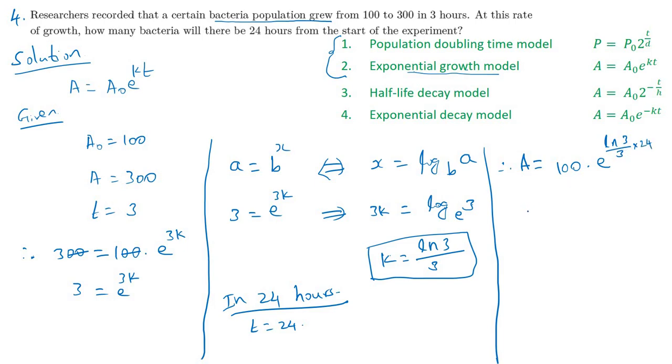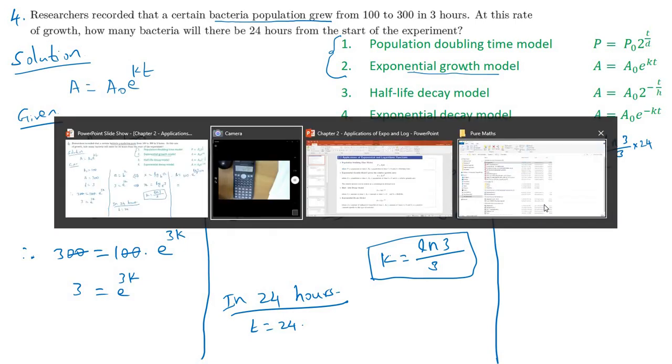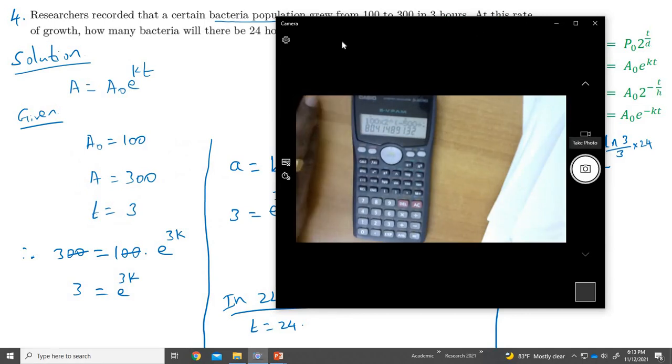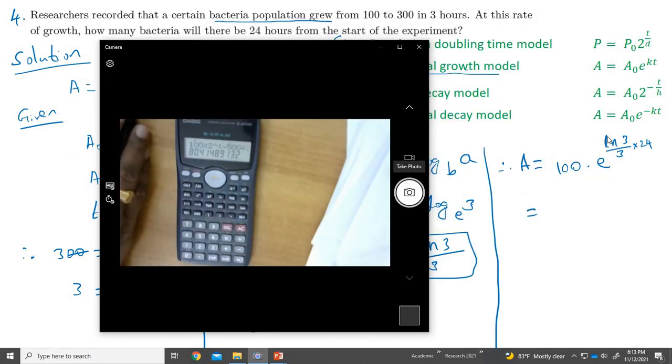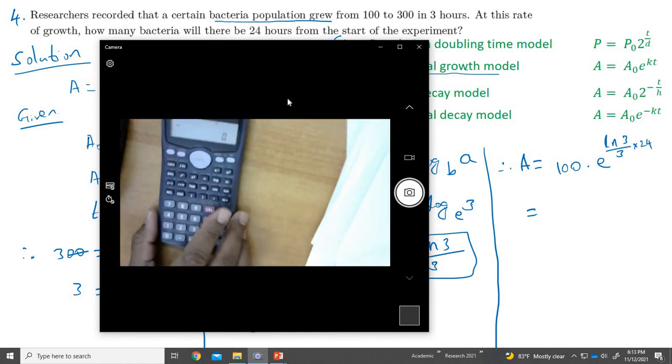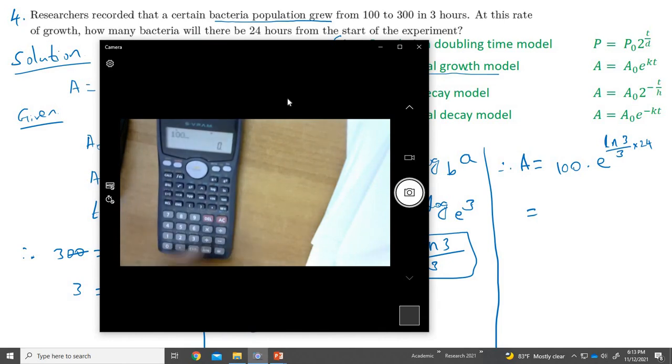If you want, you simplify here, but use the calculator directly. I will show you how to use the calculator. In mathematics, when we write, we are not putting brackets anywhere, but when you use a calculator, please put brackets. See, 100 multiplication e power. Where is e? Above this log. Power means no need to put the cap here.